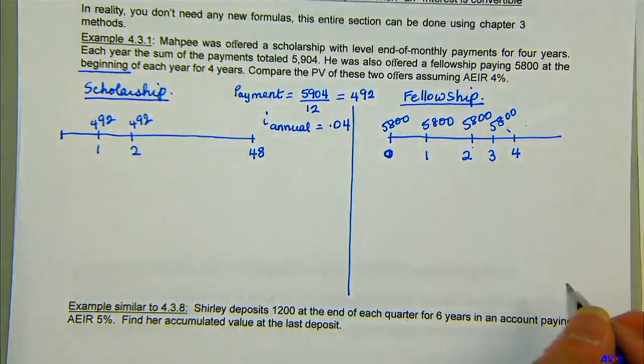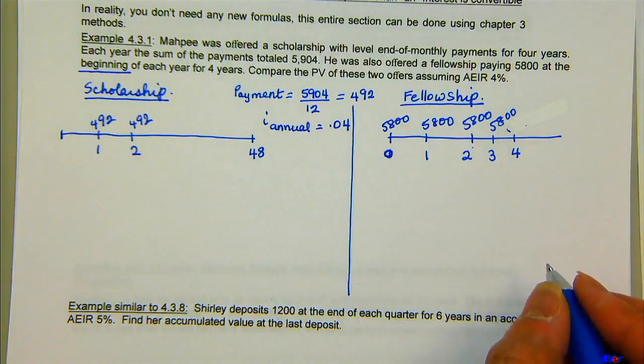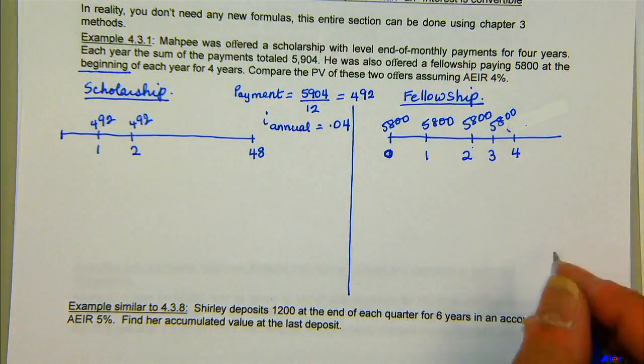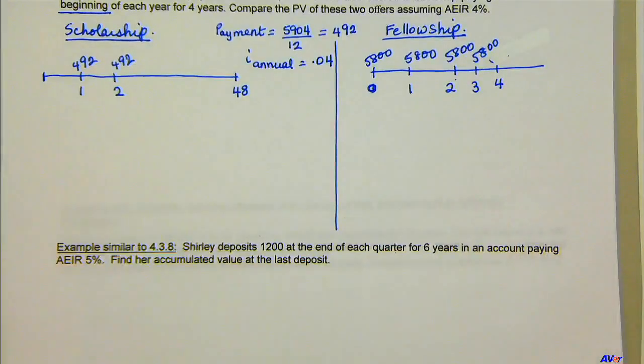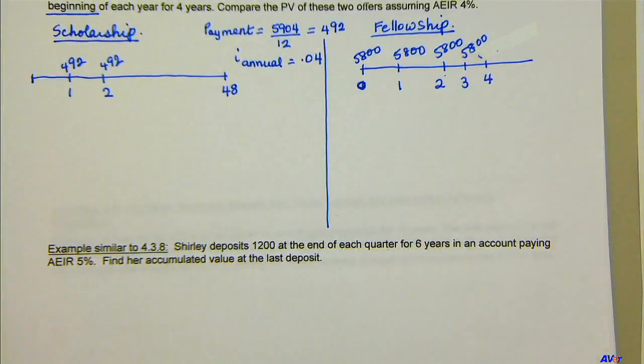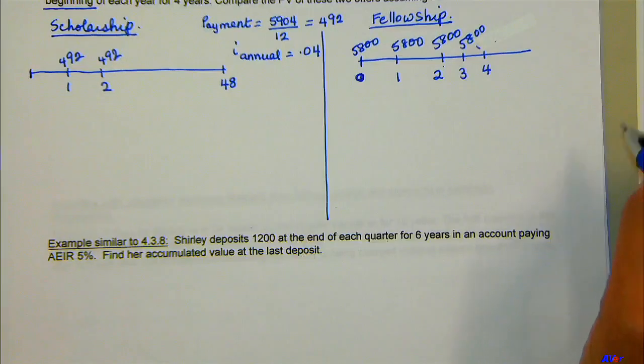Okay, find the present value of each. How about the scholarship? That's the new stuff, right? What shall I do? I've already divided it up into the payments, so now I know what every payment is going to be monthly. Can you use method 2?